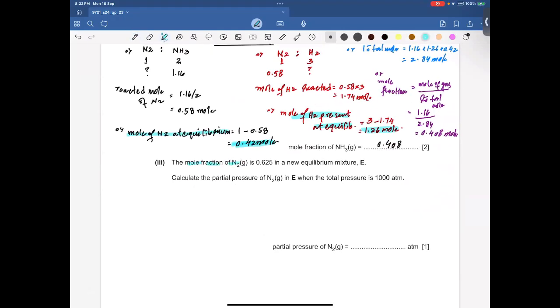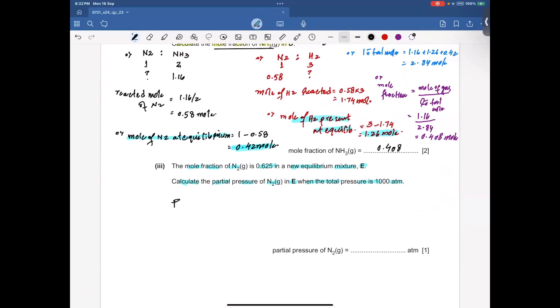The mole fraction of nitrogen is 0.625 in a new equilibrium mixture E. Calculate the partial pressure of nitrogen in E when the total pressure is 1000 atmosphere. See, in states of matter, I have given you three different formulas in order to calculate the partial pressure, right? Out of three, one was partial pressure equals mole fraction into pressure.